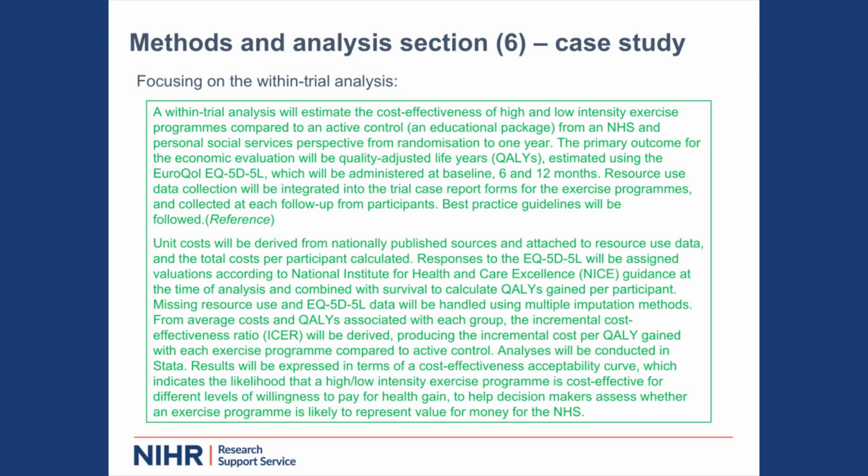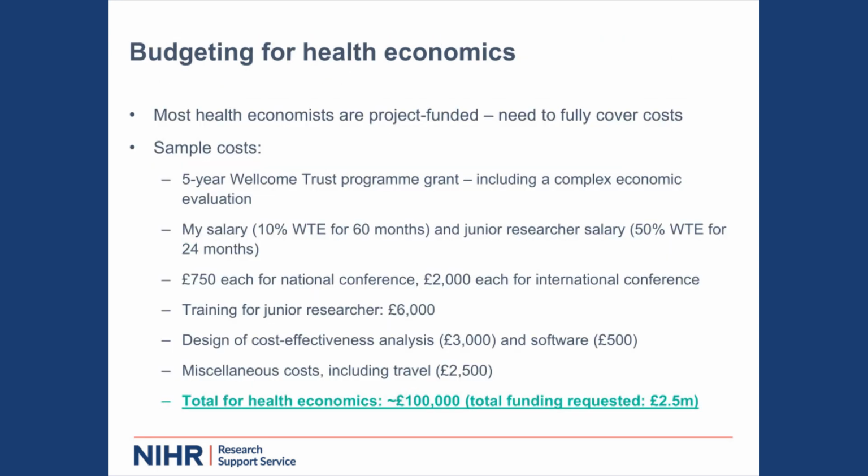Another aspect, of course, of the grant application is the budget. And most health economists in academia don't have tenure, they're project funded, so we need to fully cover our costs. And we need enough time in which to do the work properly.